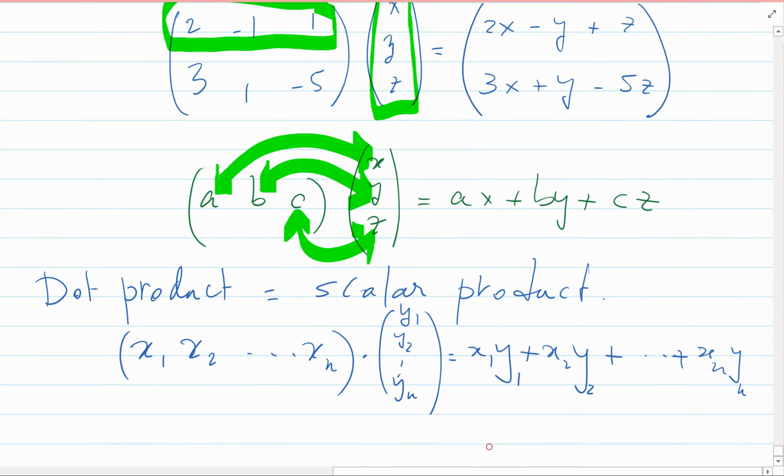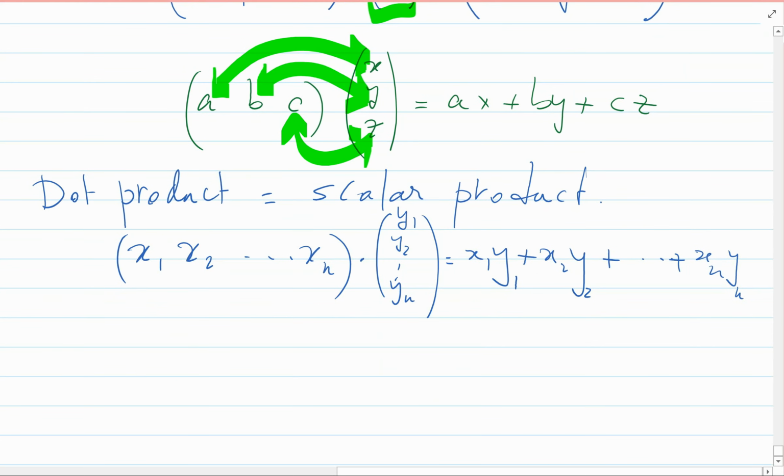Okay? Keep in mind the sizes. Let's go back to matrices and use the sizes, because we have a row vector times a column vector. In terms of sizes, we have 1 by n times n by 1, and the end result is a number, which is 1 by 1.